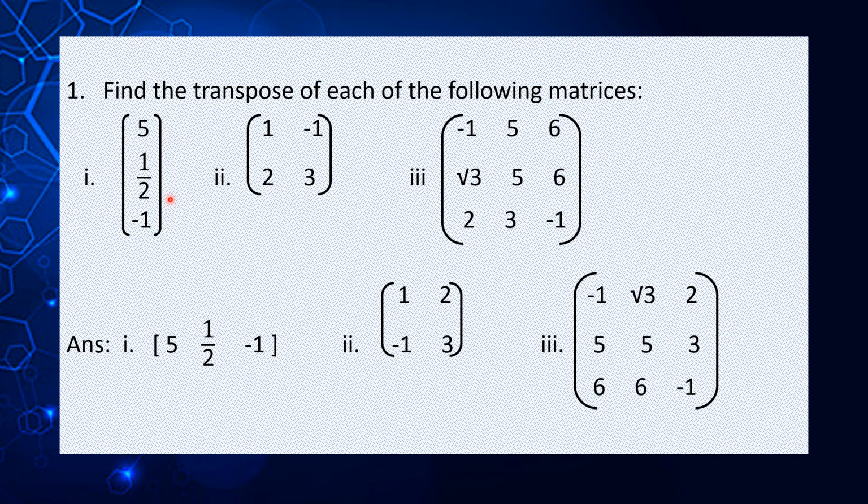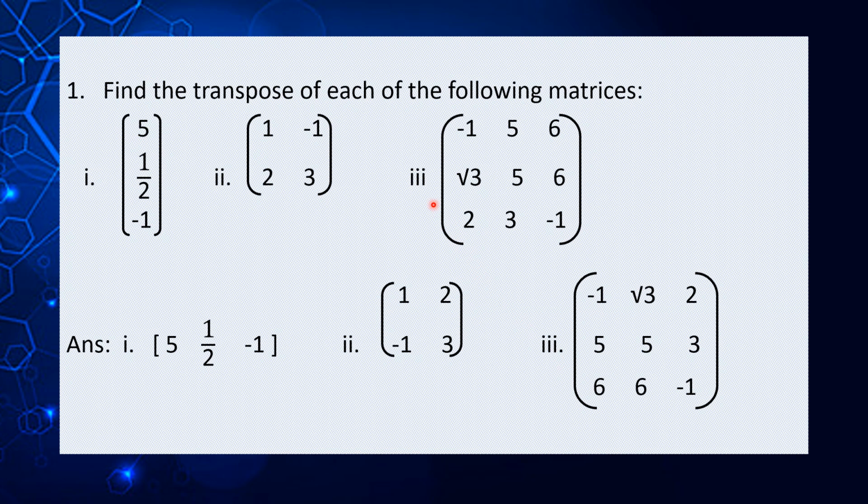So when we write this column into a row format, the answer would be 5, 1 by 2 and minus 1. The second part of the question is 1, minus 1, 2, 3. It would be written as 1, 2, minus 1 and 3.